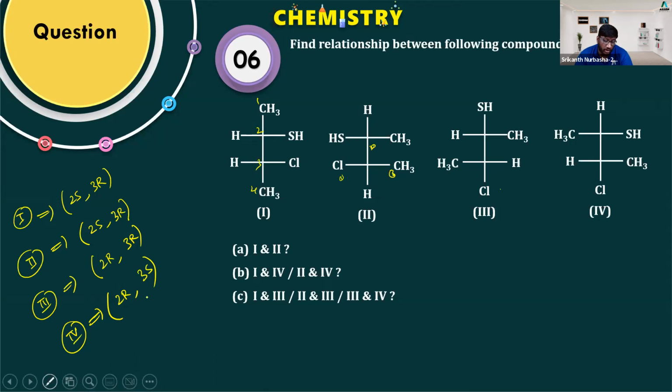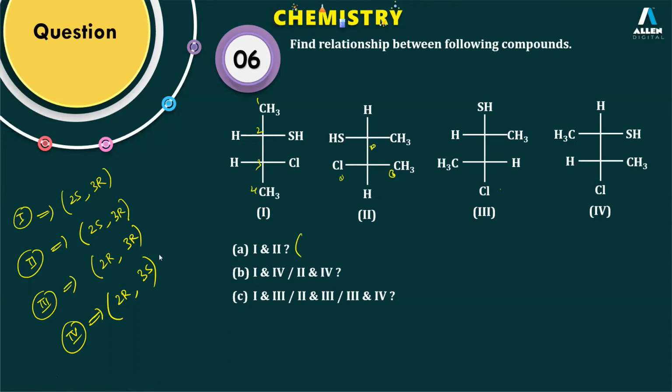Try to figure out now what are 1 and 2. 1 and 2 are what? Identical. And 1 and 4, and 2 and 4? 2S 3R converted to 2R 3S. For 2 and 4, 2S 3R converted to 2R 3S.